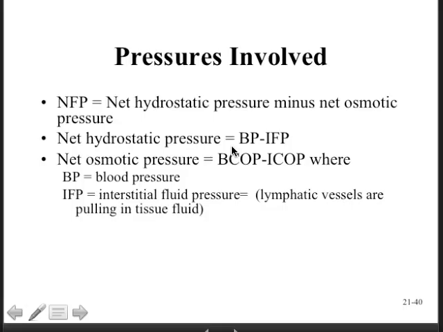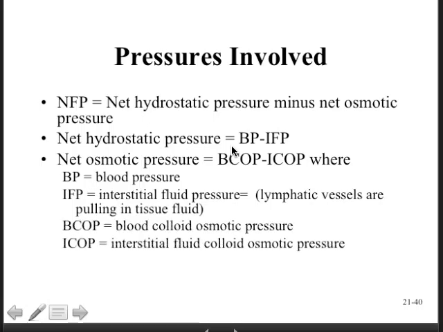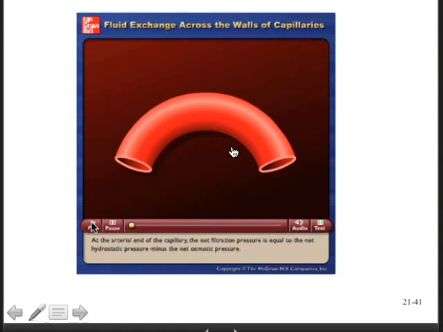So BP, blood pressure; IFP, interstitial fluid pressure; and BCOP, blood colloid osmotic pressure; ICOP, interstitial fluid colloid osmotic pressure. So here's a look at fluid exchange across the walls of the capillaries.